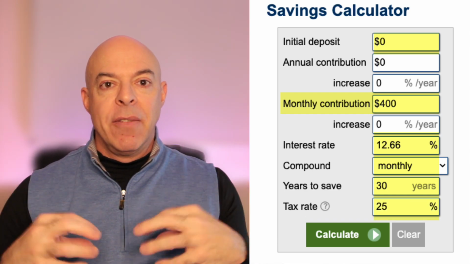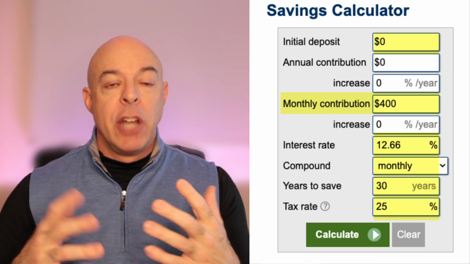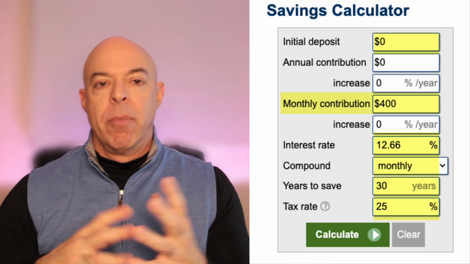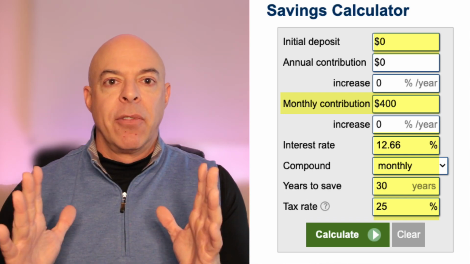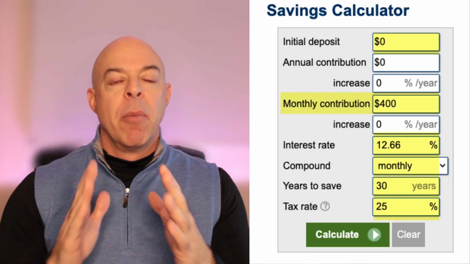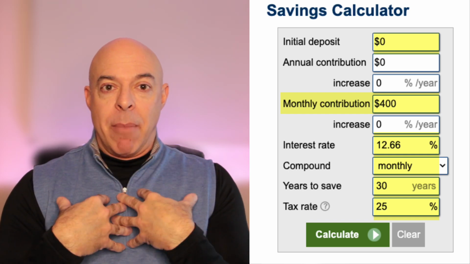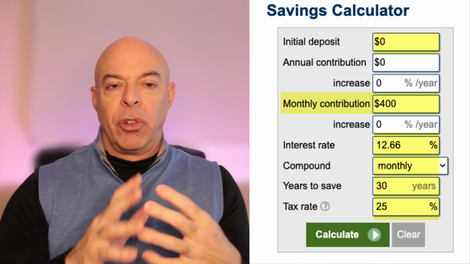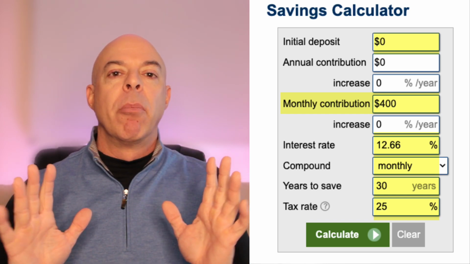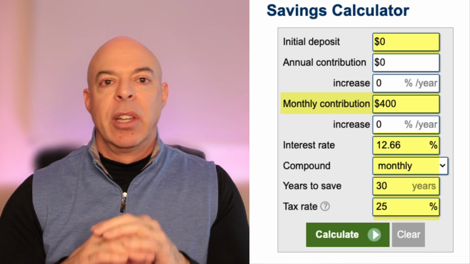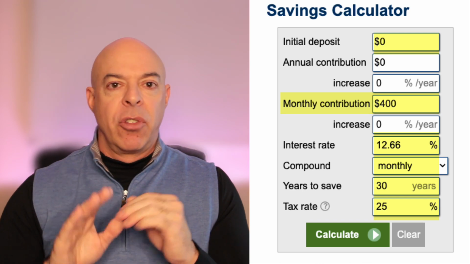So when you receive dividends, it's income, and you're going to have to pay taxes on that. Now, there's short-term, there's long-term, there's many different ways in which you can account for the dividends you're receiving, but you're going to have to use, not myself, I'm not a financial advisor, but your tax accountant based on your particular situation. So I just chose a number of 25%. Of course, there's federal tax and there's state tax.